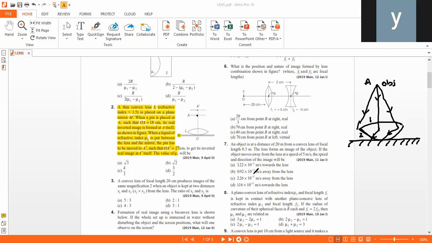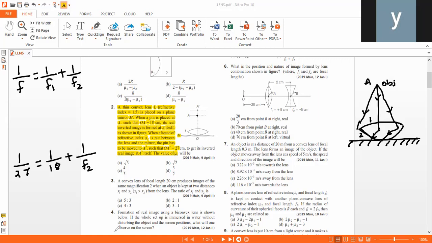So we can write 1 by f is equal to 1 by f1 plus 1 by f2. They gave that the resultant image is formed at 27 centimeter, so 1 by 27 equals the new value. Initially it is formed at 18.